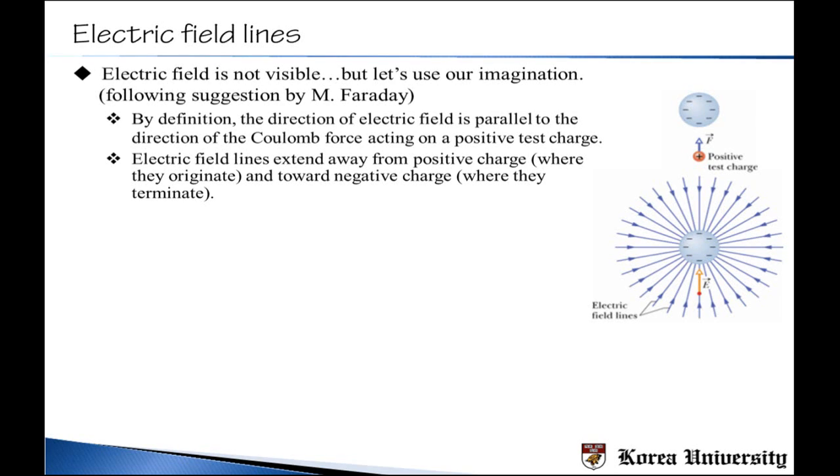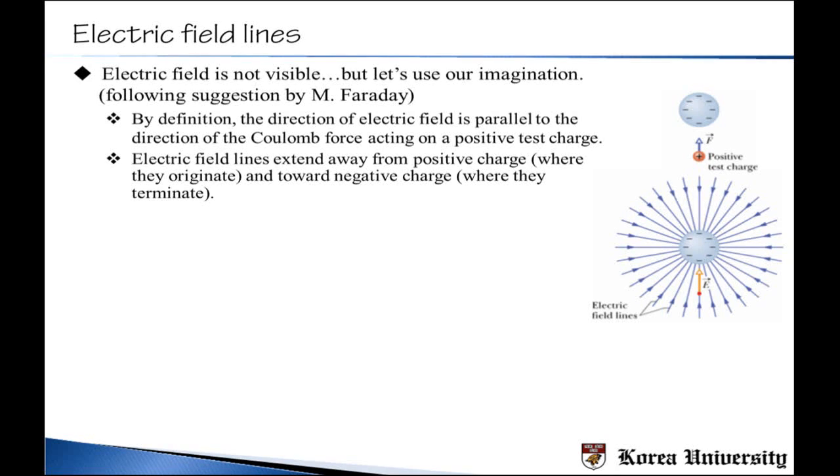And as you can see at the surface of the negatively charged sphere, the force does not actually disappear. It cannot go further just because there is a surface of the sphere, but it does not mean the force becomes zero. So the electric field does not disappear there, but you can say the electric field line touches the surface of the sphere.